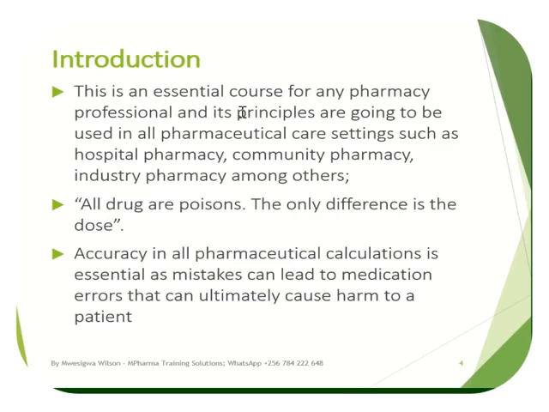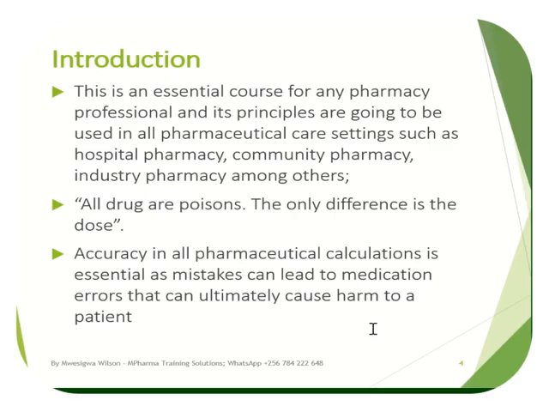I will start with this statement: all drugs are poison. The difference is the dose. So our goal is to ensure that our drugs are not poisons, or that we don't dispense poisons to patients. That's why we have to ensure accuracy in all pharmaceutical calculations. If you make any mistake, you have failed because you have caused harm to the patient.